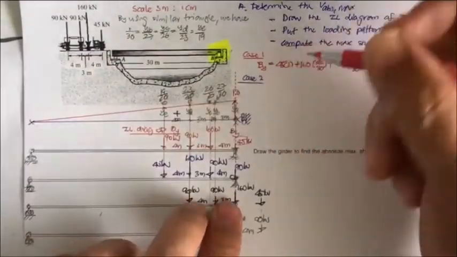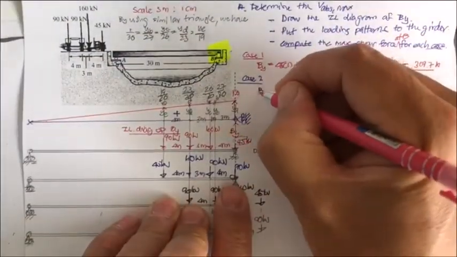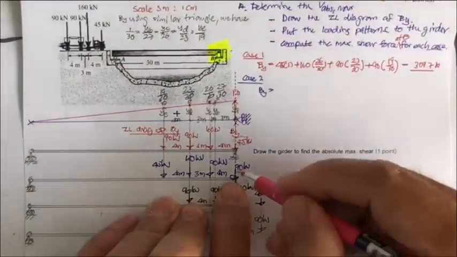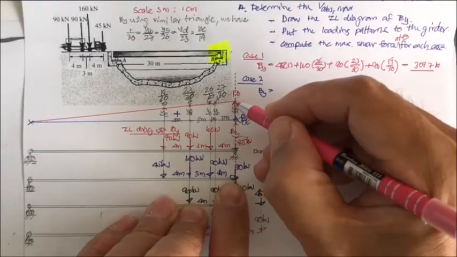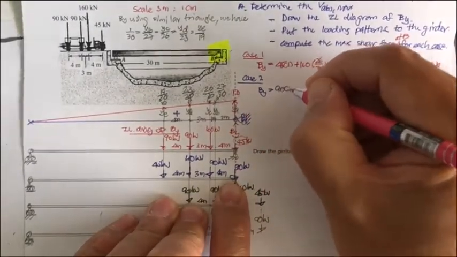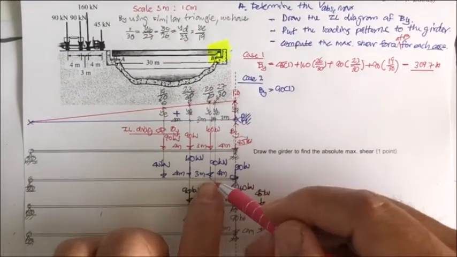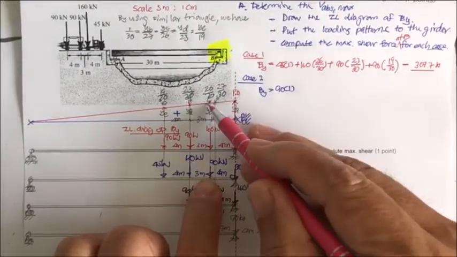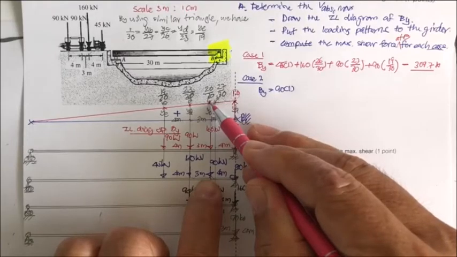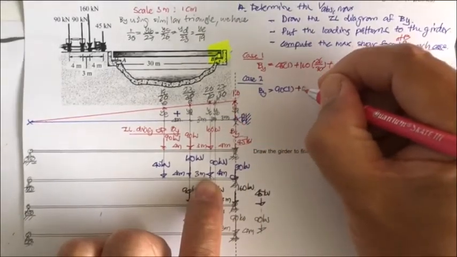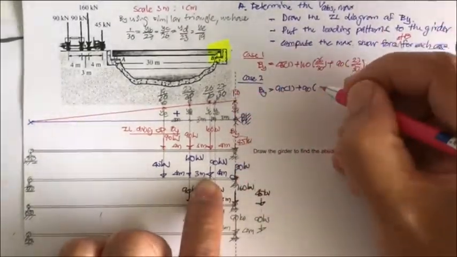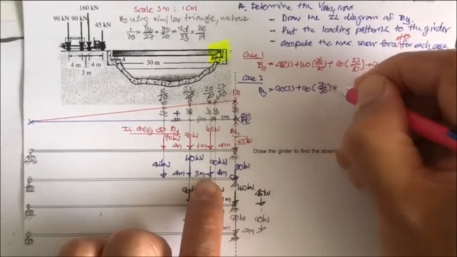In case 2, the square is here. So B sub y is going to equal what? 90 times 1. And then we have another 90, but this time it is 4 meters, so it's going to be plus 90 times 26 over 30.